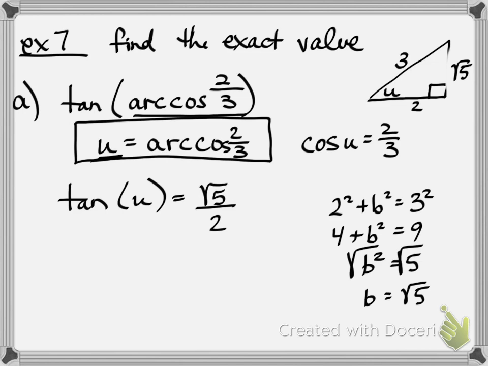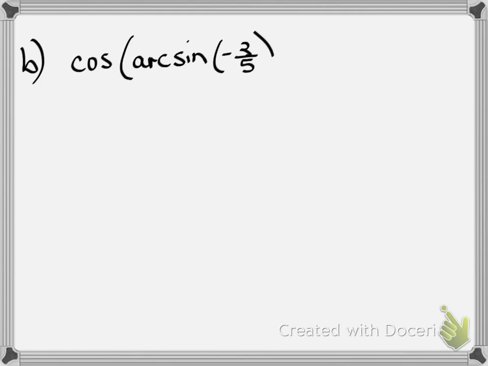Okay, let's see another one. Part B is the cosine of the arc sine of -3/5. So immediately you notice again, this is another one of those weird problems because it's the cosine of the arc sine instead of the cosine of the arc cosine.